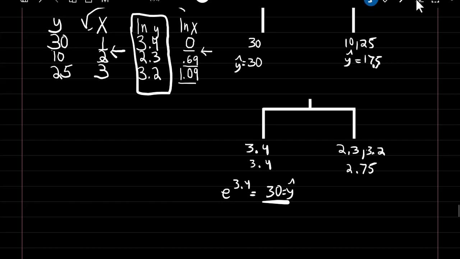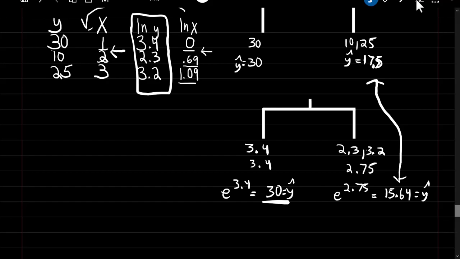But then on the right, if we were to find the exponent of 2.75, our predicted value is going to be equal to 15.64, which is not equal to 17.5, what we got when we didn't apply the transformation to our dependent variable. So transformations affect the outcome if applied to your dependent variable, but don't affect the outcome if applied to your independent variables.